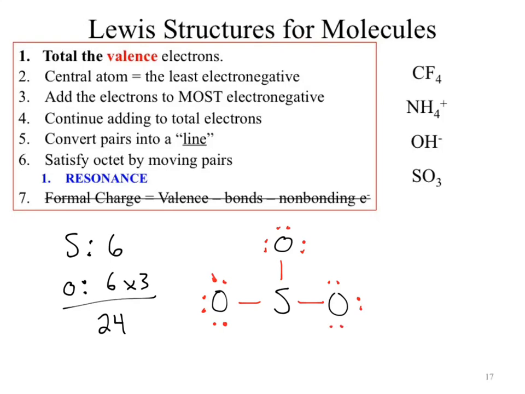Why did I pick the rightmost oxygen? Is it different from any of the other oxygens? No. So couldn't I have used the topmost oxygen? Yeah. Couldn't I have used the leftmost oxygen? Yes. Which means, since all of those are equally likely to occur, I must show all of them.